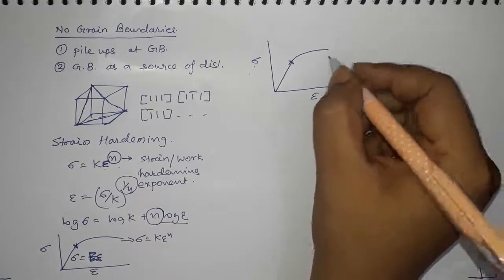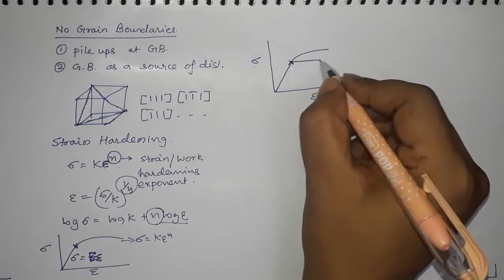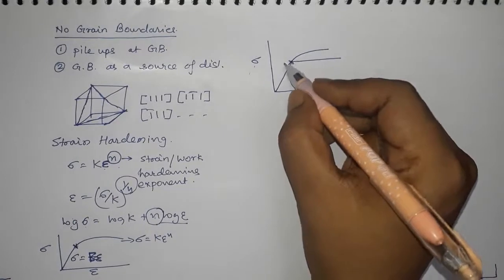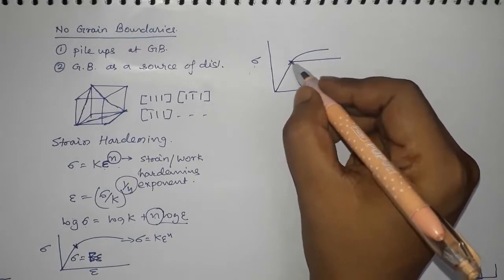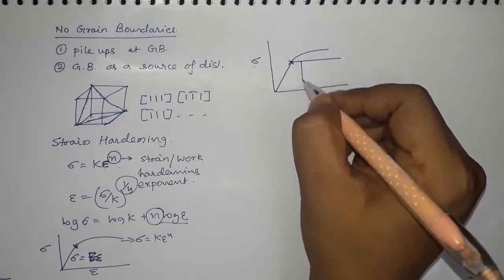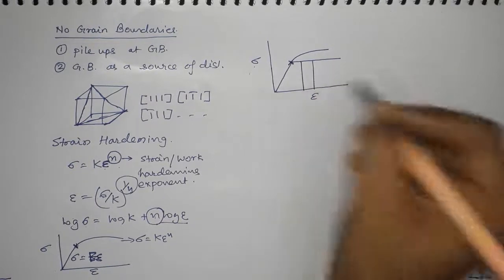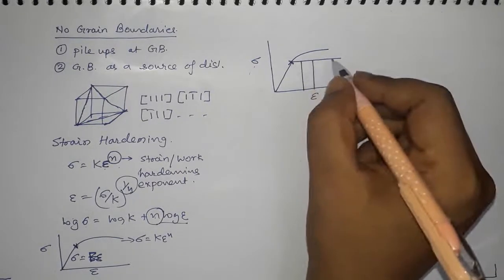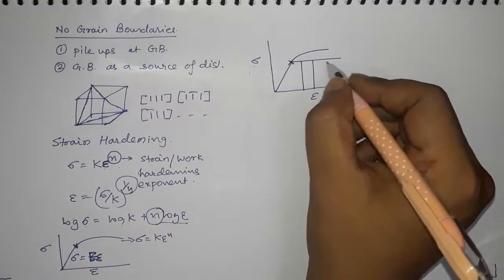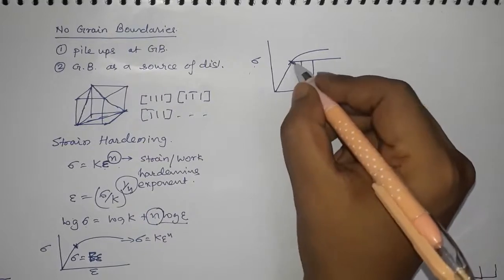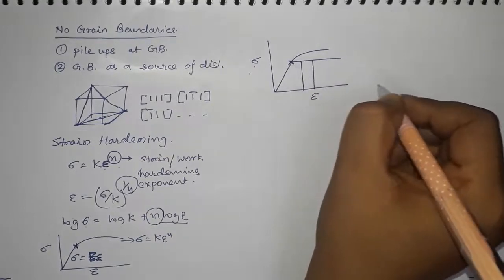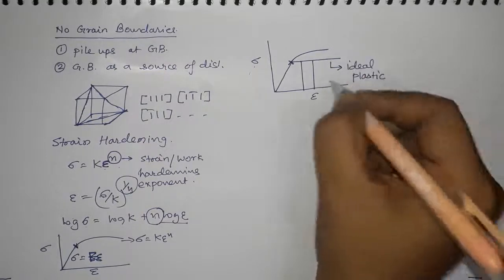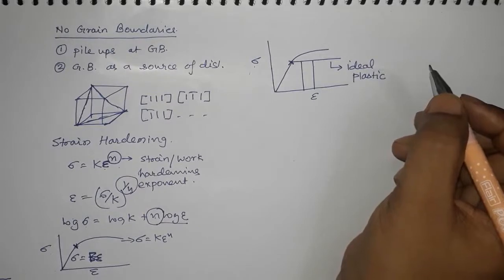Okay, so if it would have been like this, then we don't need any stress increment to deform from this place to this place. Okay, so there was no hardening, and this case where at the same amount of stress the strain increases to infinite levels is called ideal plasticity, and the material will be called ideal plastic.